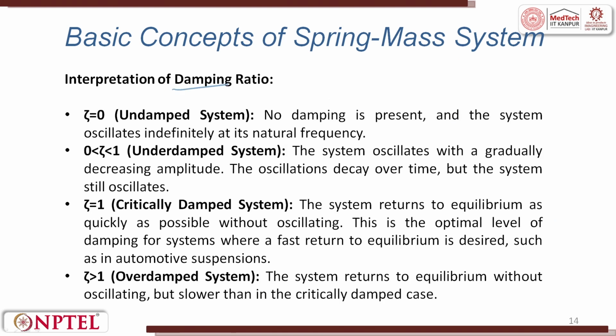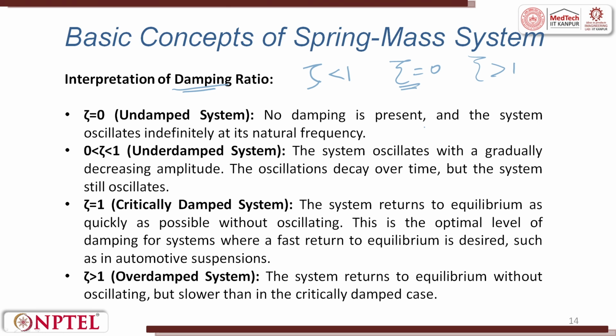So, interpretation of the damping ratio. What are all the possibilities? Zeta can be less than 1, zeta can be equal to 0, zeta can be greater than 1. When zeta equals 0, the system is called an undamped system.